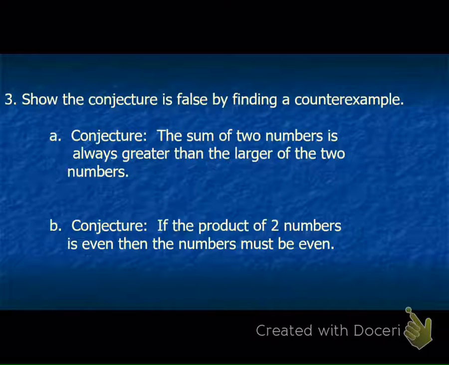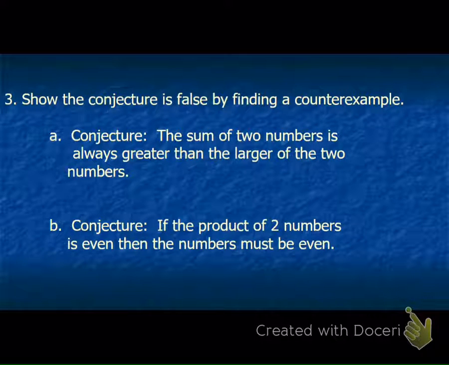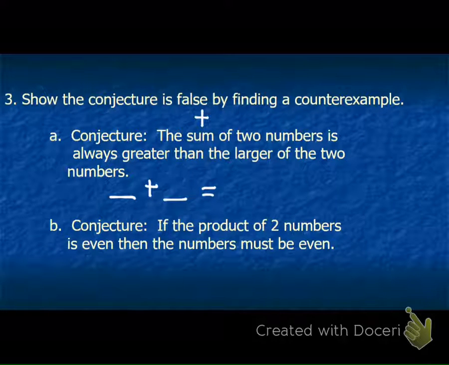The sum of any two numbers is always greater than the larger of the two numbers. This is wordy, so let's dissect it a little bit. The sum. What does sum mean? Adding. And we have two numbers. So we know we're going to have to add two numbers. Is always greater than the larger of the two numbers.